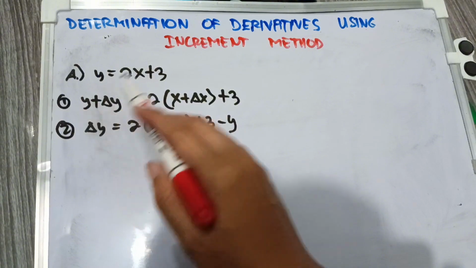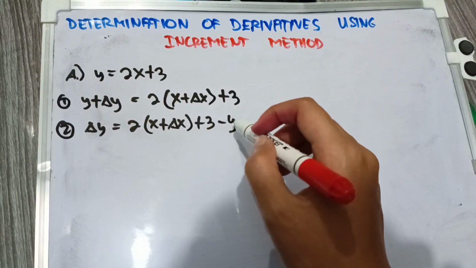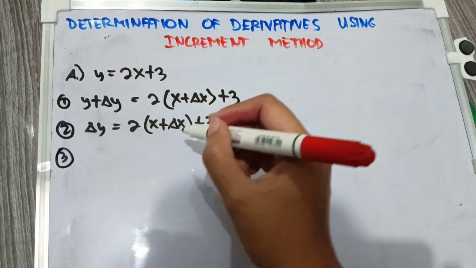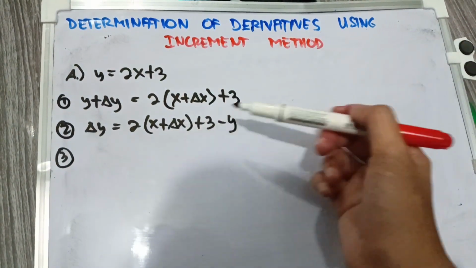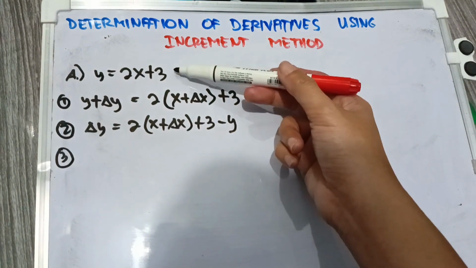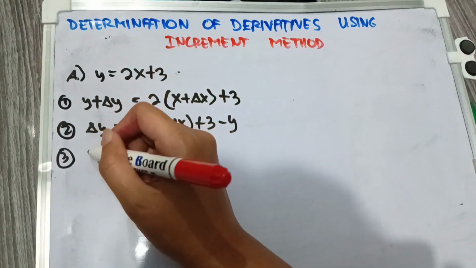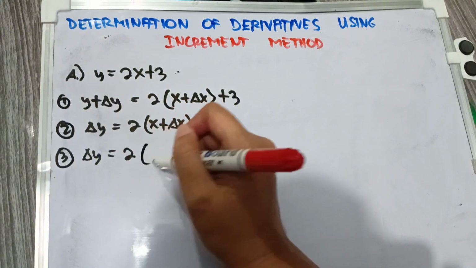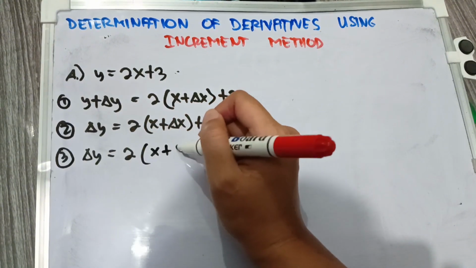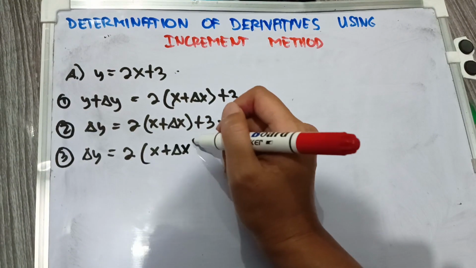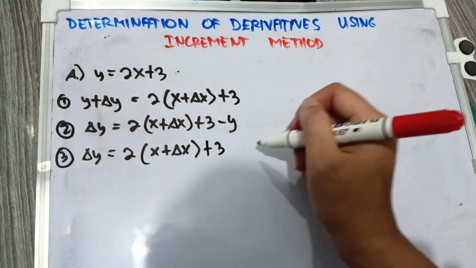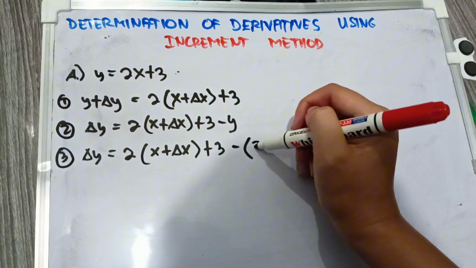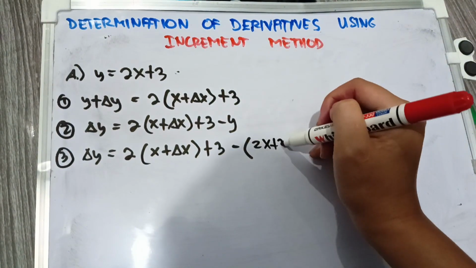We just transpose y to the right side of the equation. Then step 3, we're going to substitute the value of y with the function. So delta y is equals to 2 times x plus delta x plus 3 minus the value of y, 2x plus 3.